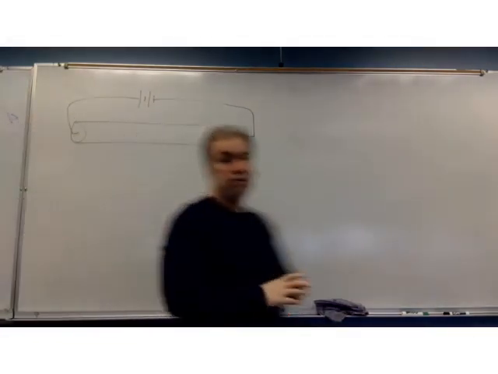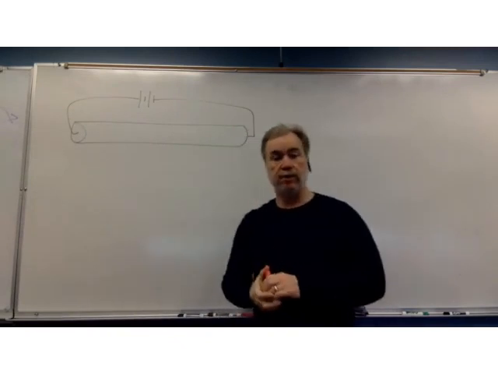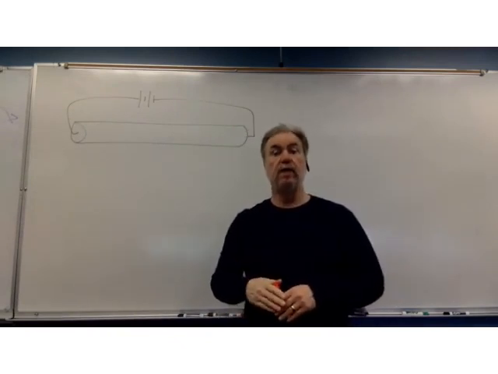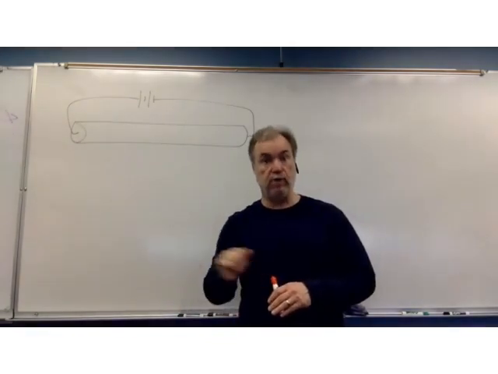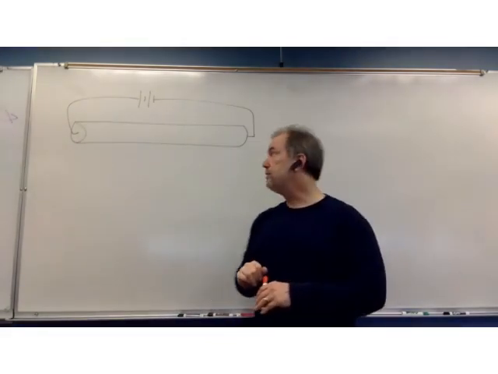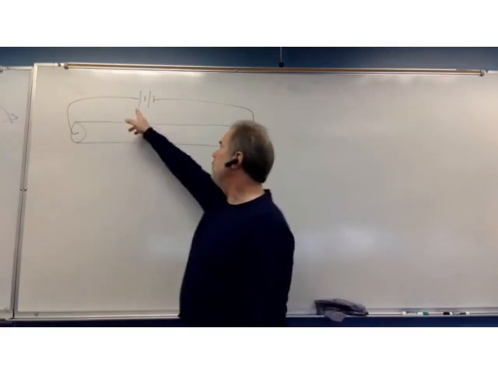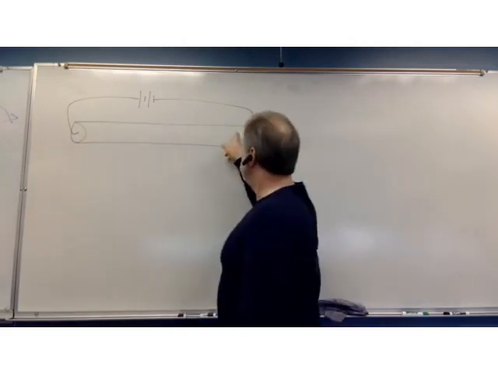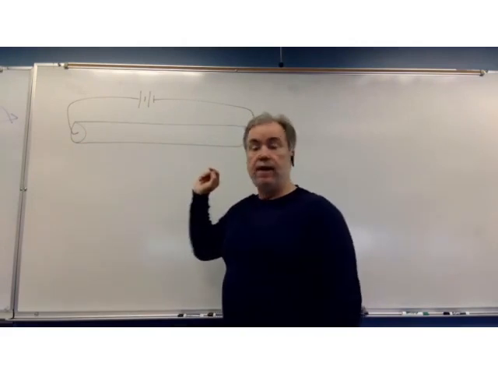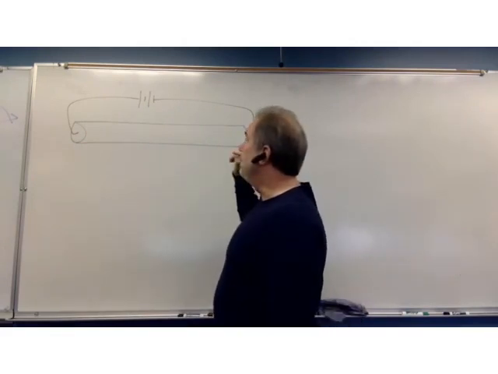Remember that the rule is that charges always move spontaneously from a region of higher electric potential to a region of lower electric potential. So according to the way I've drawn this, it's high potential on this end, low potential on that end.